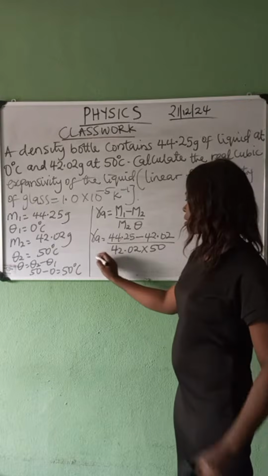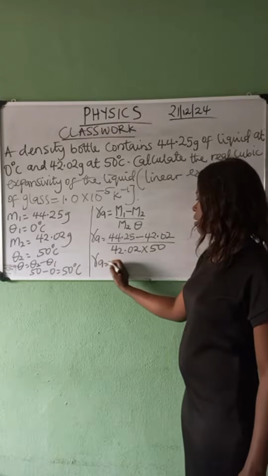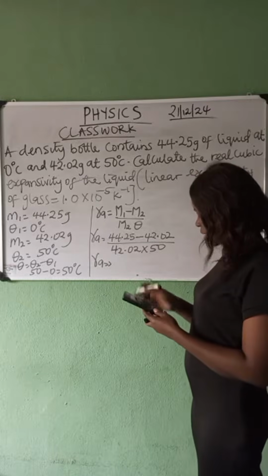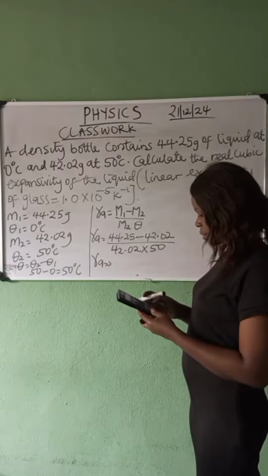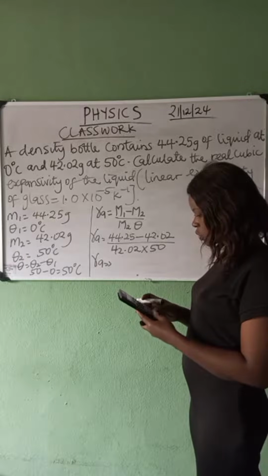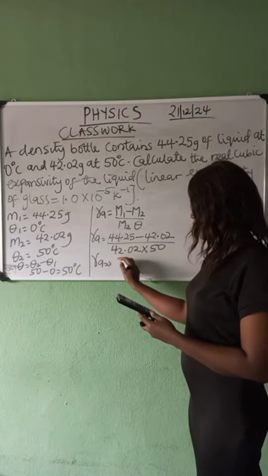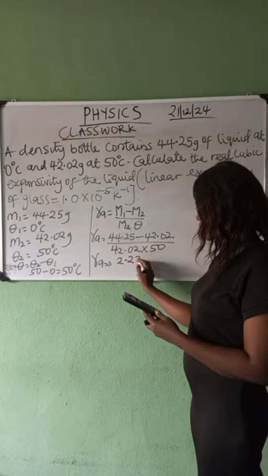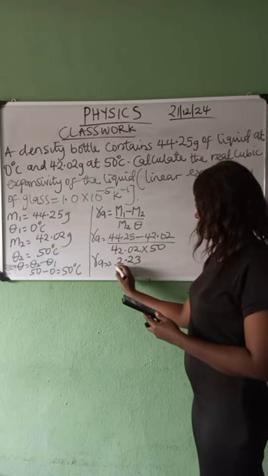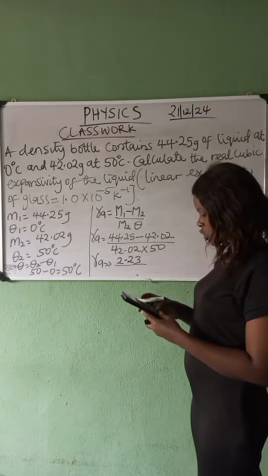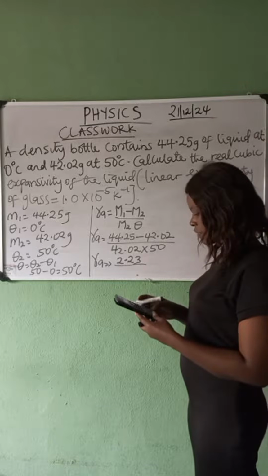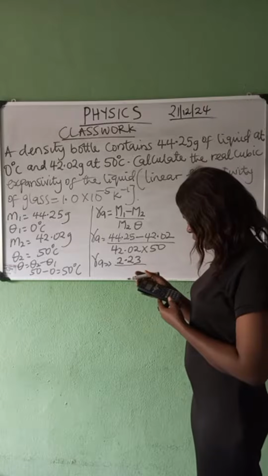Okay? Now let's subtract: 44.25 minus 42.02 is equal to 2.23, and divided by 42.02 times 50. What do we have?